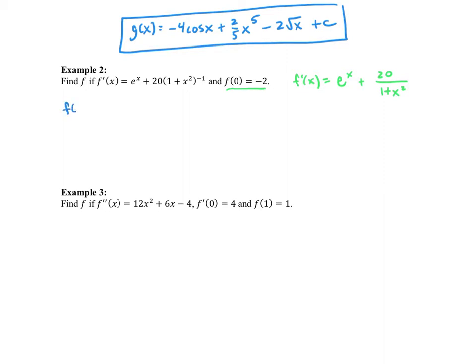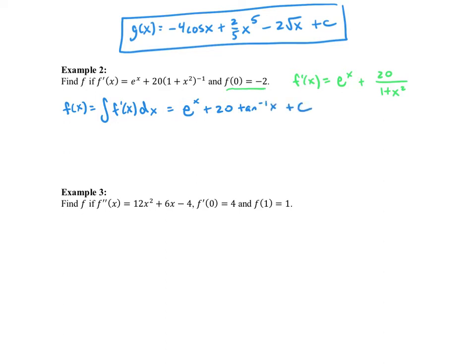So when we're trying to calculate the function f of x and we take the antiderivative of f prime of x, we get the antiderivative of e to the x, which is of course e to the x, and then we have the antiderivative of 20 divided by 1 plus x squared, which is 20 times the inverse tangent of x plus c.